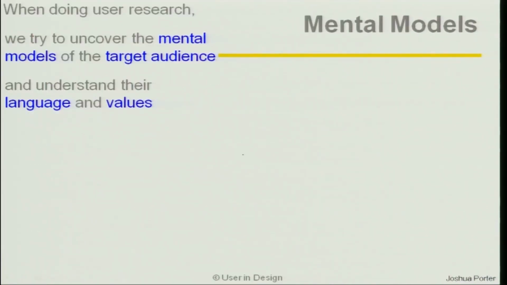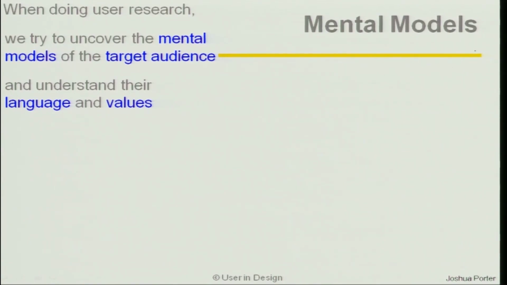All right. Mental models. The reason we're doing all this, the reason we're probing users, the reason we're trying to understand what's in their minds, is because we want to define the mental model. We want to understand what's in their mind so we can design to that, in line with what they are expecting, right?